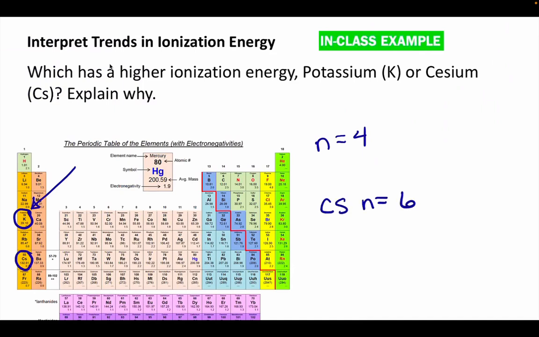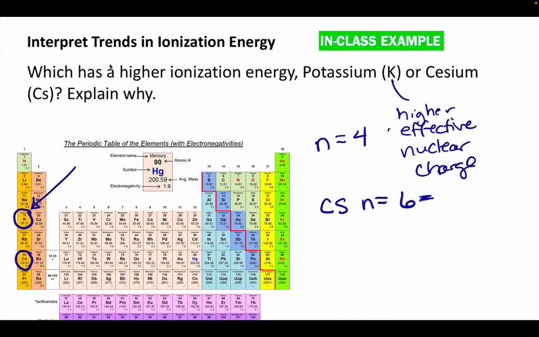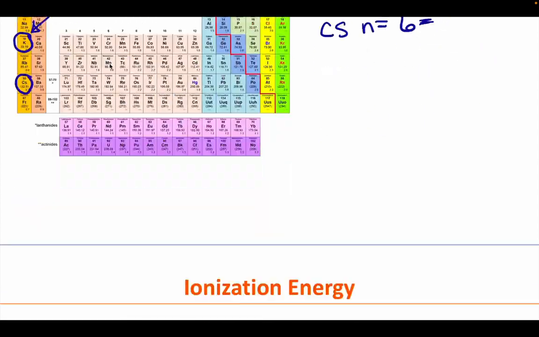So 2 more levels of electrons getting in the way. So the potassium is going to have a higher effective nuclear charge. The electron's going to experience that nucleus more positive than the electron in the cesium. And therefore, it will take more energy, or higher ionization energy, to remove the electron.